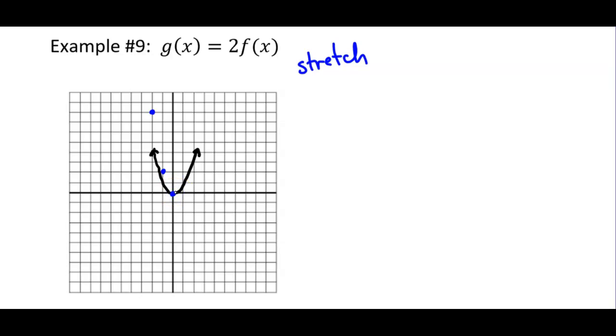So when we're stretching and compressing vertically, if it's on the x-axis, it's going to stay on the x-axis. Okay. 1, 2, and then 4, 8. And so we get a stretched parabola looking like that. And it doesn't take a very big number to get it to really stretch. But that is that one.